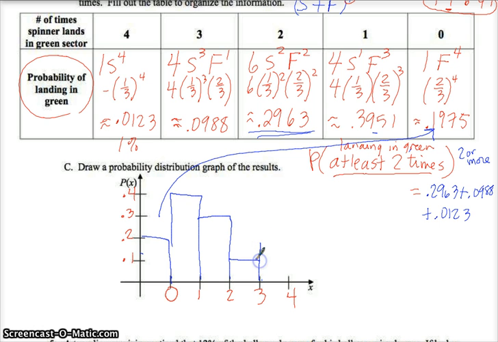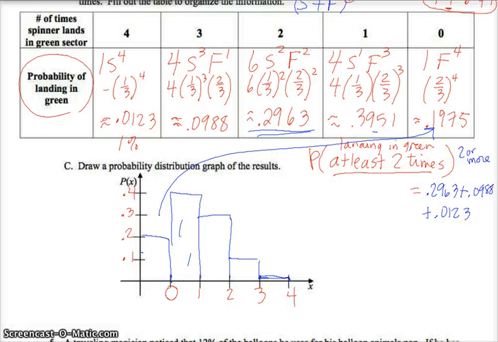Oops, too high. And 4, I have next to nothing. So 1%, which is right down here at the bottom. So that is your chart for your probability distribution, your graph with your results. So if I gave you this graph, you should be able to tell me what that means, or if we calculated those results, you should be able to create the graph.